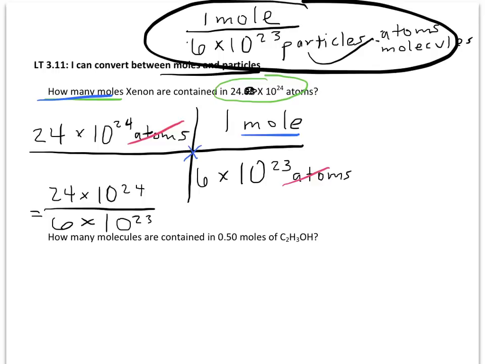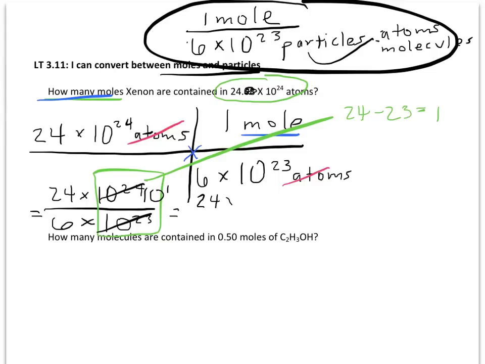Based on academic numeracy, we can simplify this by subtracting the exponents. So taking 24 minus 23, which is 1. So we can simplify this on top as 10 to the 1st.